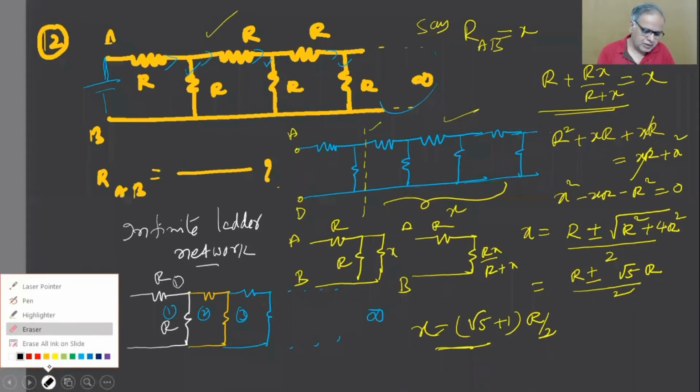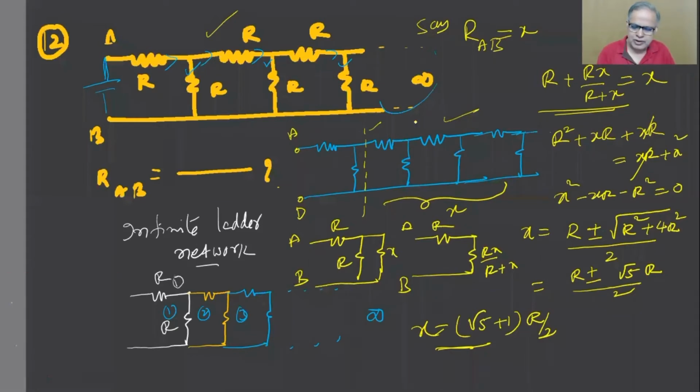What I was telling is, it's worthwhile to check. Even if I cut these two, still the whole thing, because infinity is looking like the old one, so I can take this whole thing to be x, add this and make it equal to x.